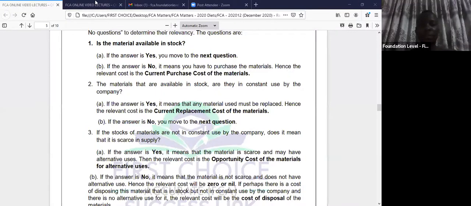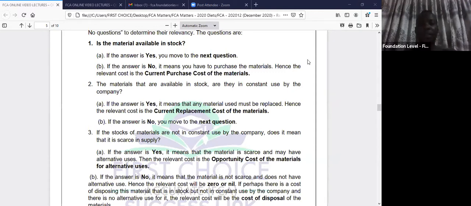So let me share my screen again. Let me share my screen. Okay, we can now see my screen, right?